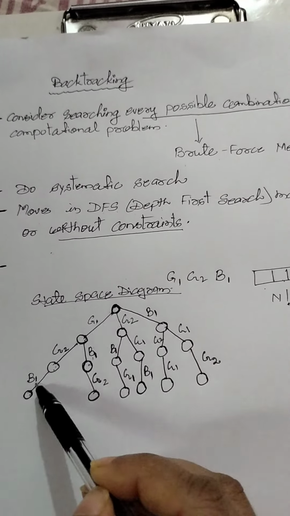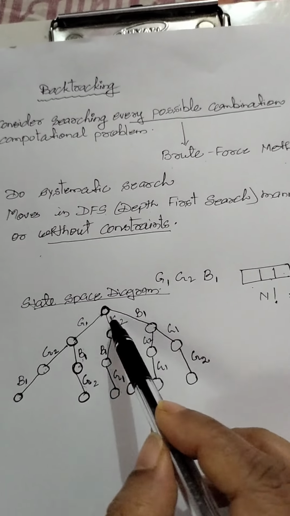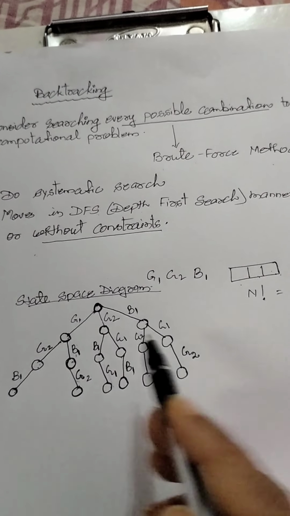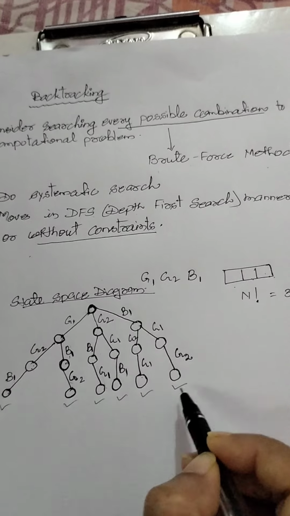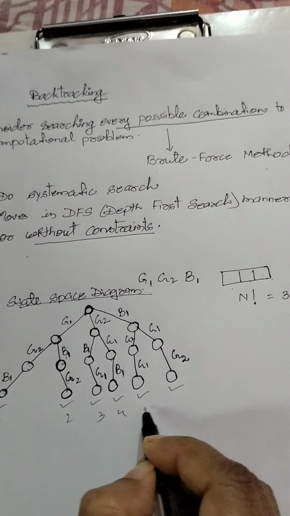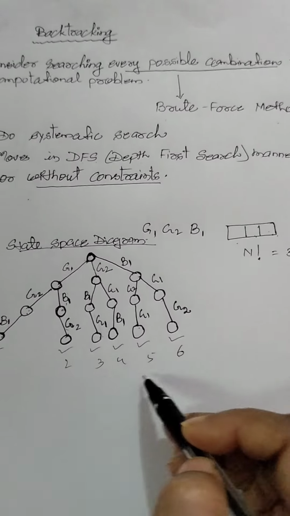Way 1, way 2, way 3, way 4, way 5, and way 6. So these are the 6 ways.